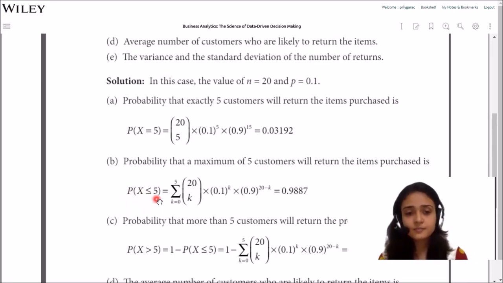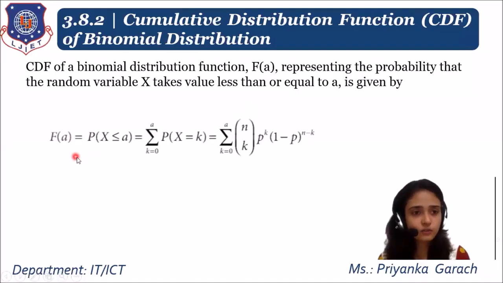For this type of probability, which formula do I have to use? I have to make use of the cumulative function of the binomial distribution. You can see over here my formula of the cumulative distribution function, the CDF, that is, x less than or equal to a.